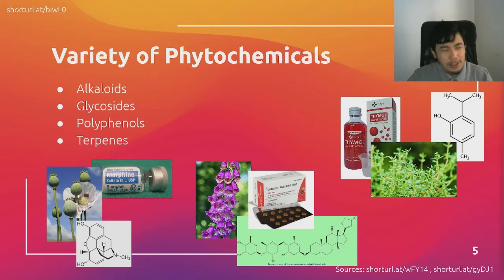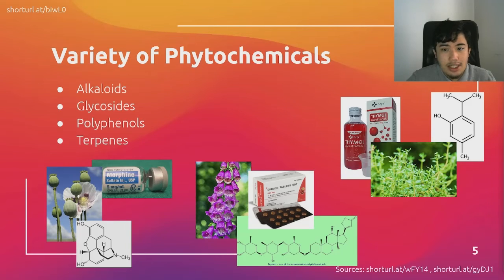They are bitter-tasting chemicals, and there are several classes with different modes of action as drugs, both recreational and pharmaceutical. A great example is opioids, in this case, at the bottom left, morphine, which is used to treat pain.